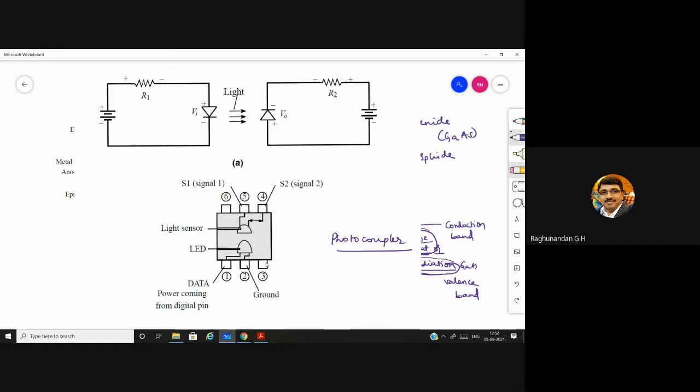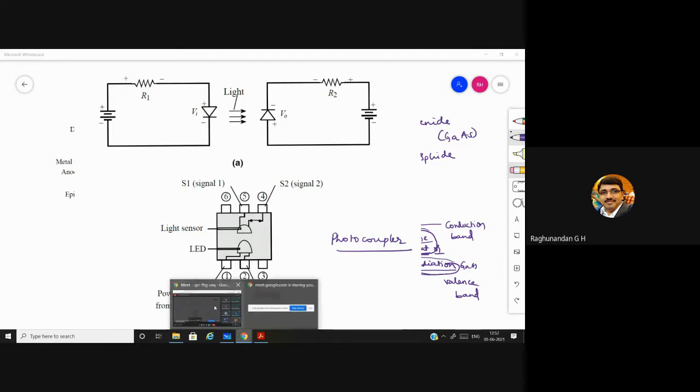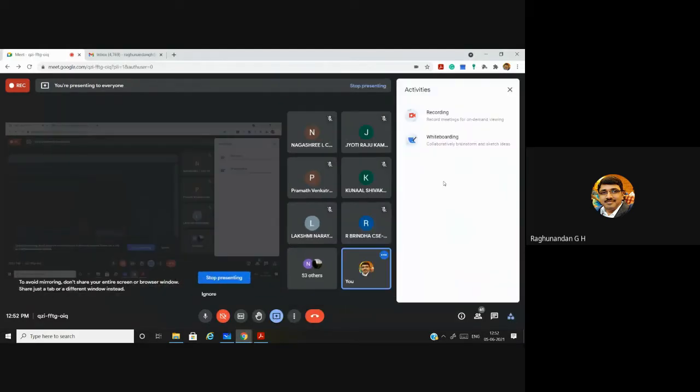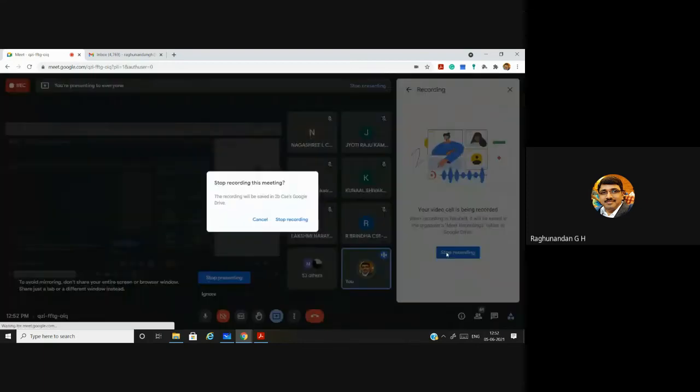These photocouplers are used in modern communication, in power control applications, in switching applications, and in switch mode power supply units. Okay, so this is about the different types of diodes which we have.